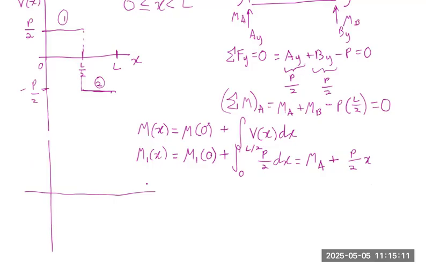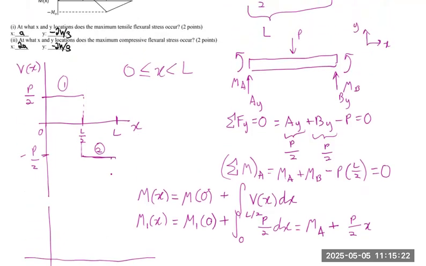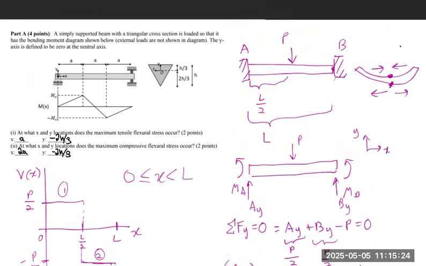So if we assume MA to be positive, which it is going to be positive intuitively because this beam is bending upwards, and thus it has a clockwise rotation.